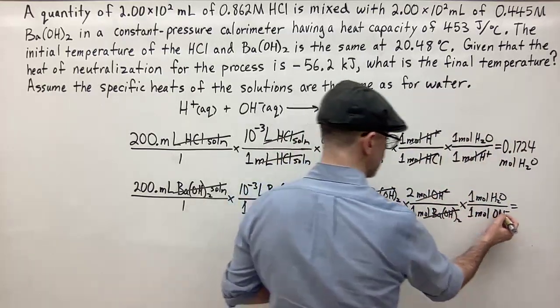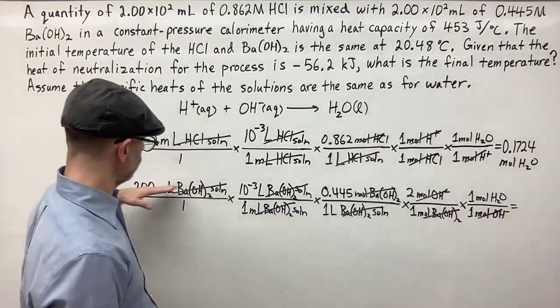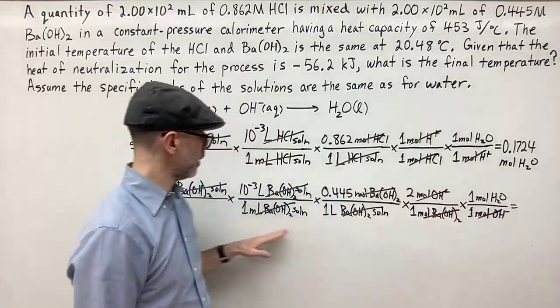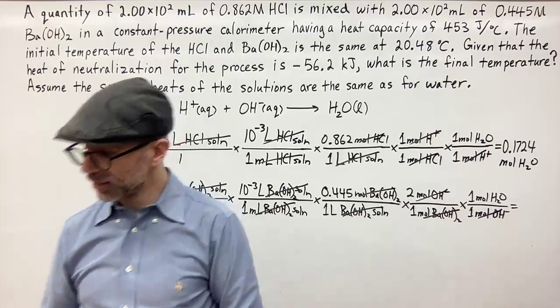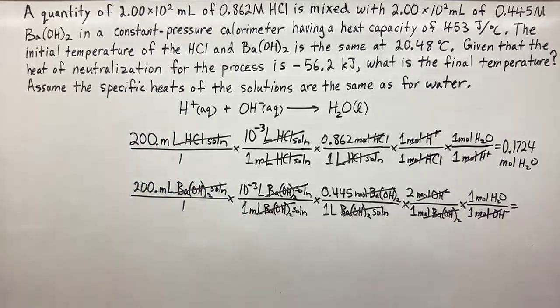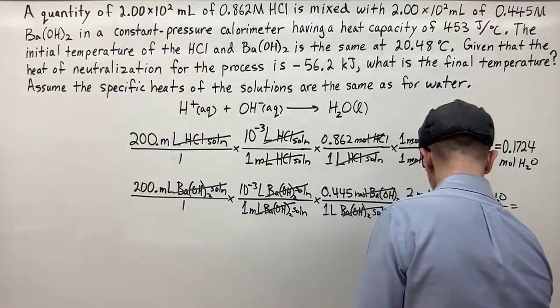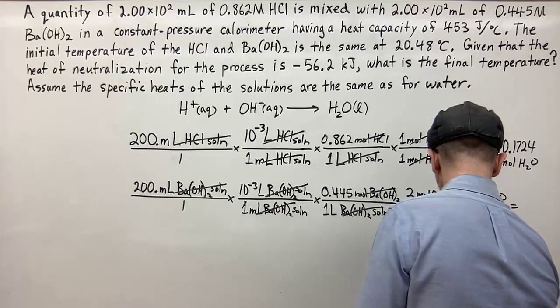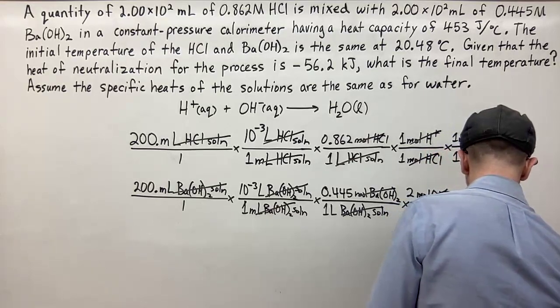Moles of the hydroxide ion cancel out. Now I am done. So again, all I need to do is multiply across the top, divide by the bottom. All the bottom are 1, so don't need to worry about that. When I calculate that, I get 0.1780. So this is equal to 0.1780 moles of H2O.